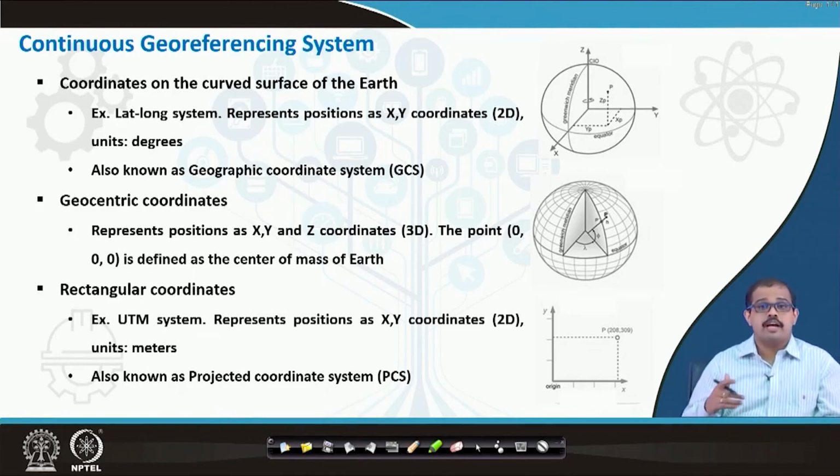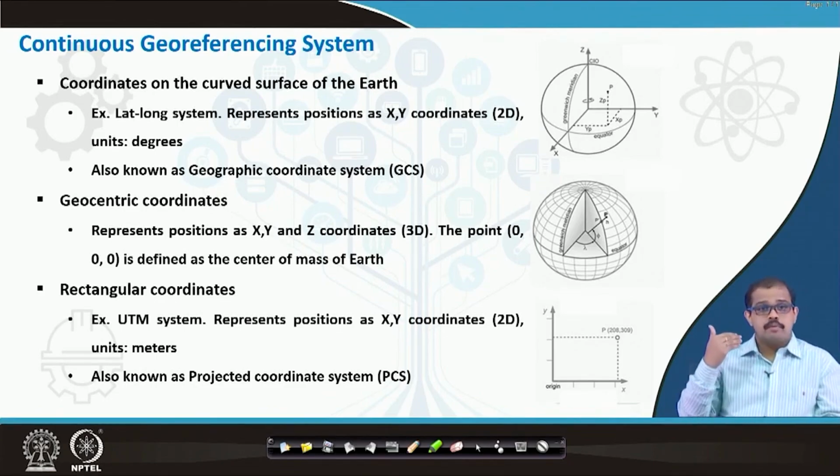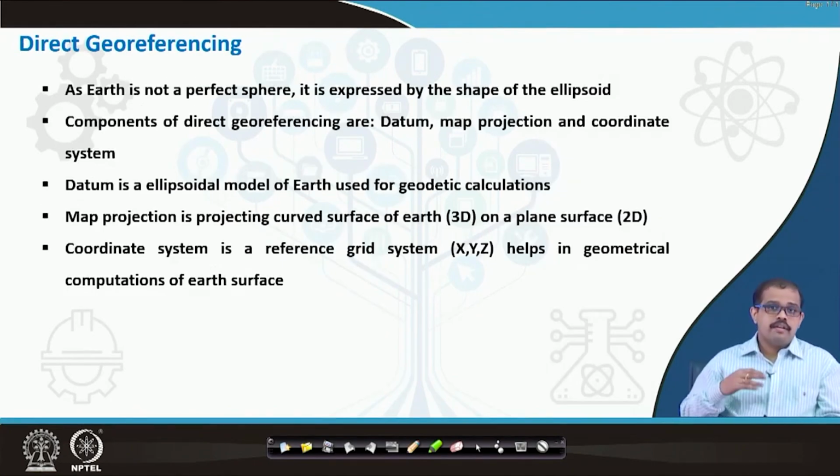This is also known as a projected coordinate system. So, now we have understood what is a coordinate system, what is a datum, what is a projected coordinate system, right. So, now let us get into direct georeferencing.